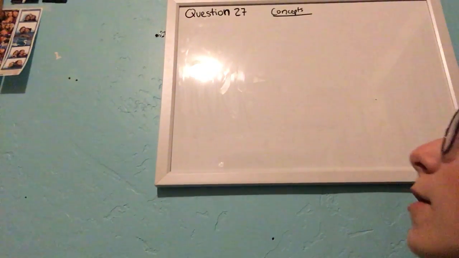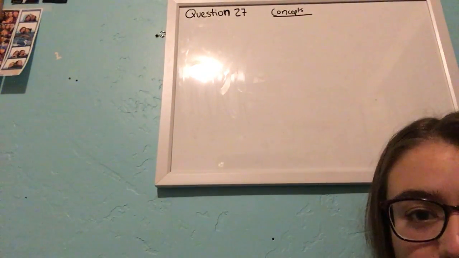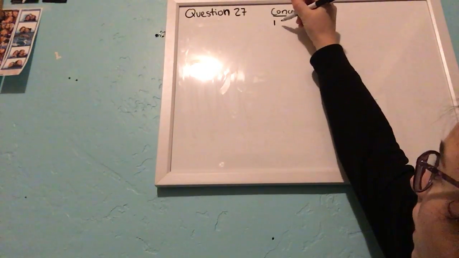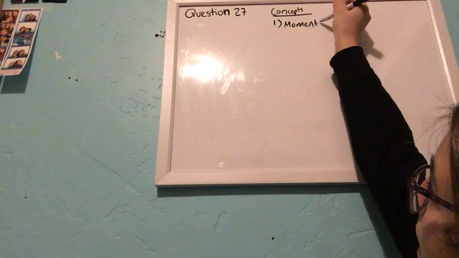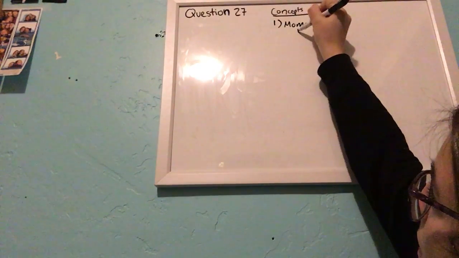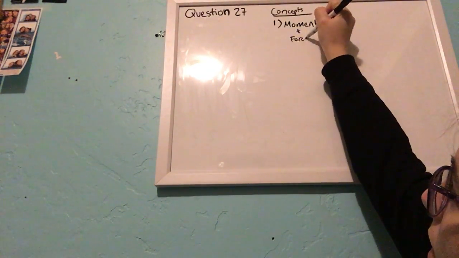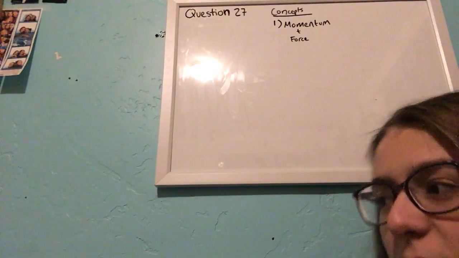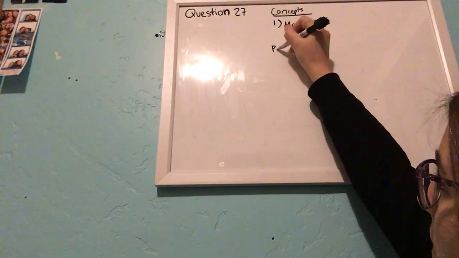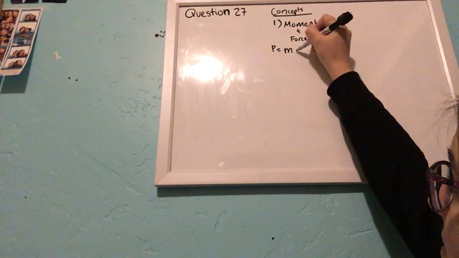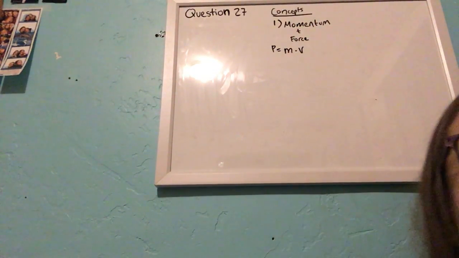Okay, so now I will be working on question 27. The first concept I will be going over in question 27 is momentum and force. I've explained this before, but the equation for momentum is P equals mass times velocity.